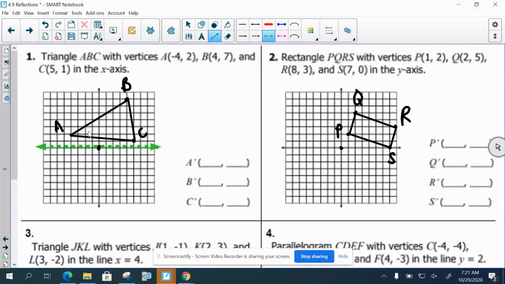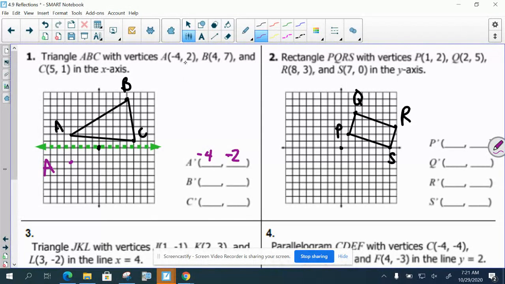If point A is two units away from the line of reflection, then it's going to be 2 units on the other side. So point A will be at this point here, and that point is negative 4, negative 2.